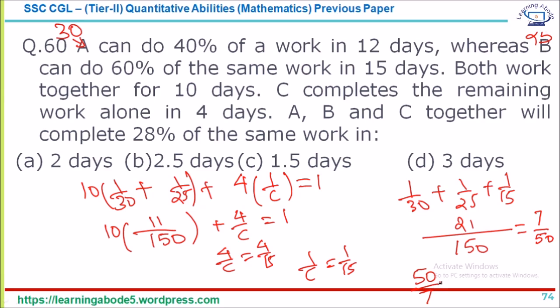Now 28% of this work will be done in how many days? That will be done in 2 days. That's answer option A.